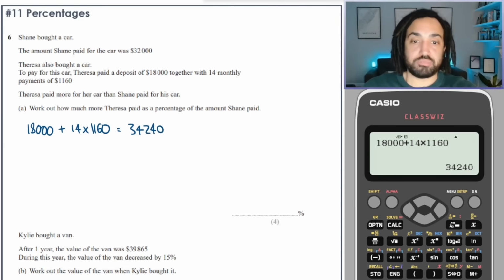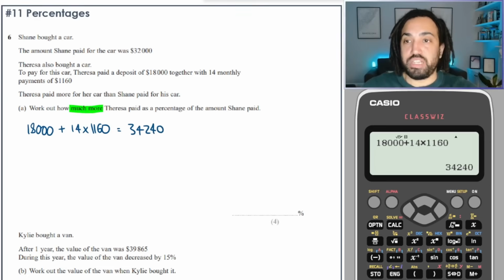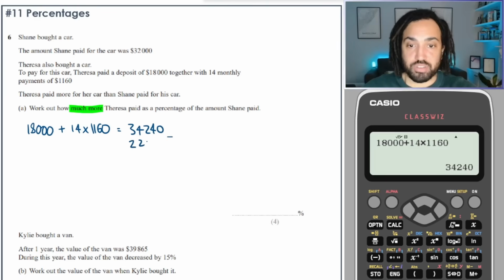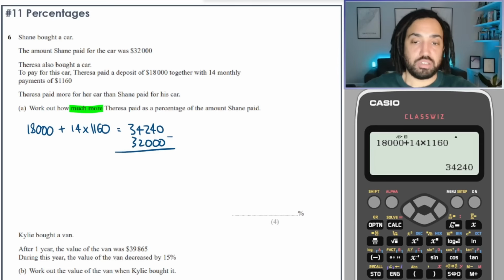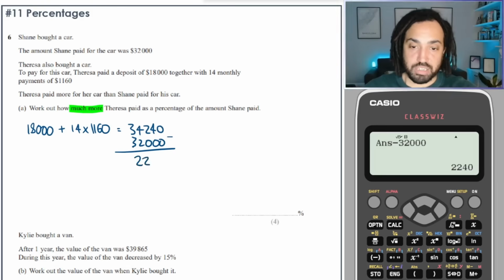Now, they want to know how much more. So we need to subtract how much Shane paid for the car to find how much more she paid. So if I subtract 32,000, then that's how much more she paid.